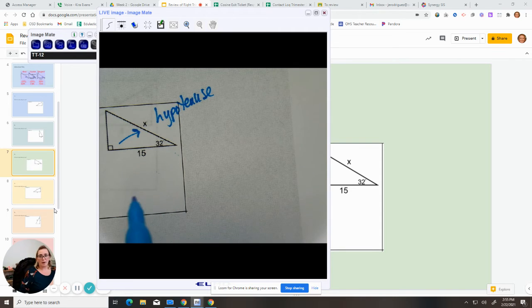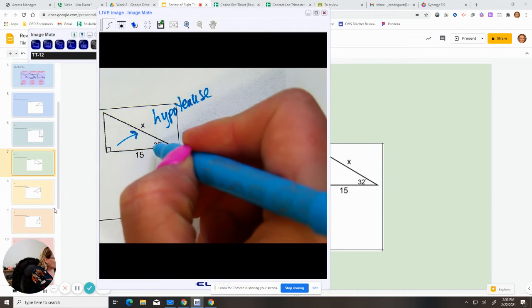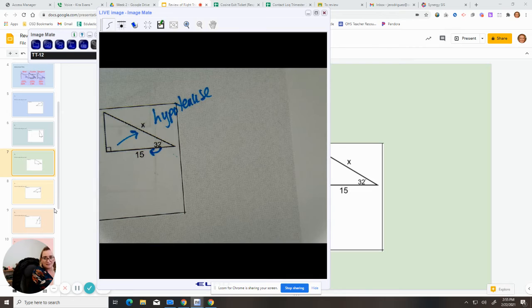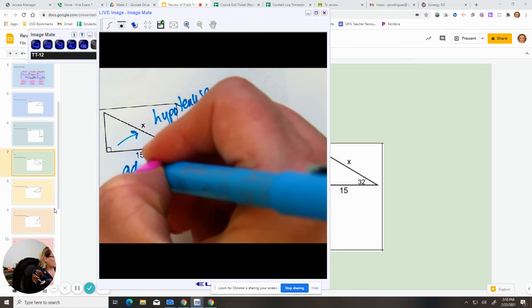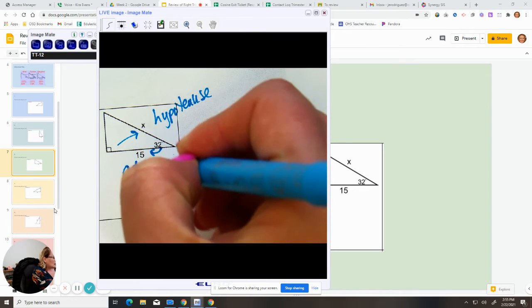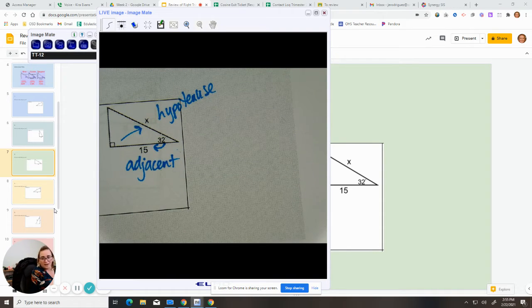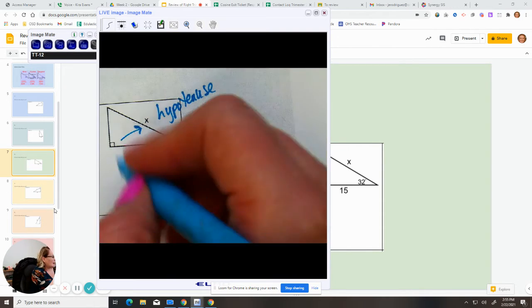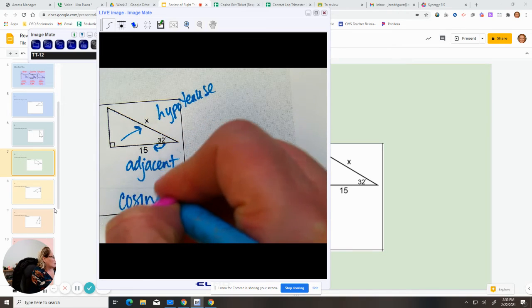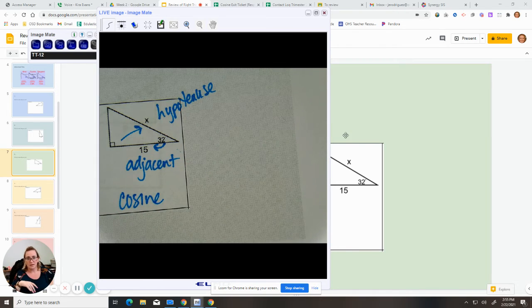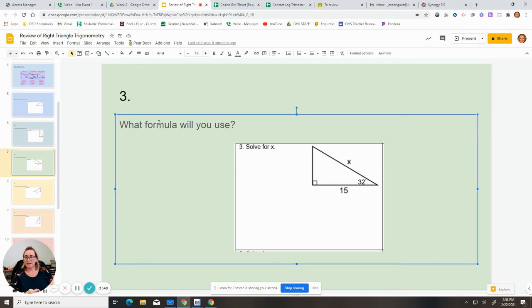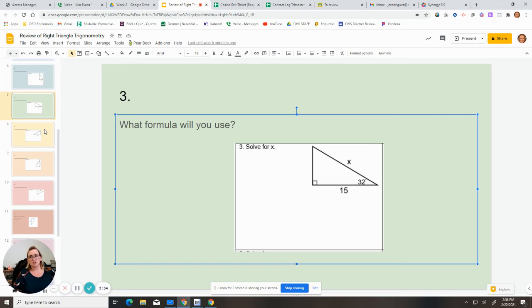So we do have the hypotenuse, and then also here we have a side that is touching our angle, which we know is the adjacent side. So the only formula we know that has adjacent and hypotenuse is the cosine. So you're just looking at the bits and pieces of information that is given to you to be able to determine what you're doing.